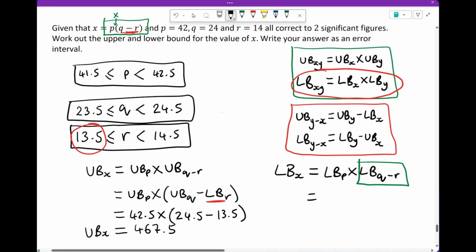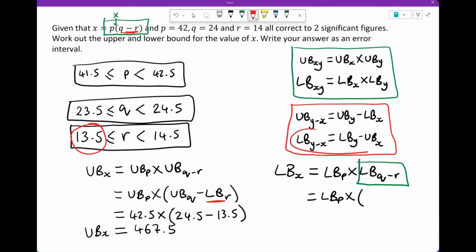So we get equals the lower bound of P multiplied by, then in brackets, because it's going to be multiple terms. And now let's consider our subtraction. So our lower bound for subtraction is our lower bound subtract our upper bound. So it's the lower bound of the first value Q, subtract the upper bound of the second value R, like that.